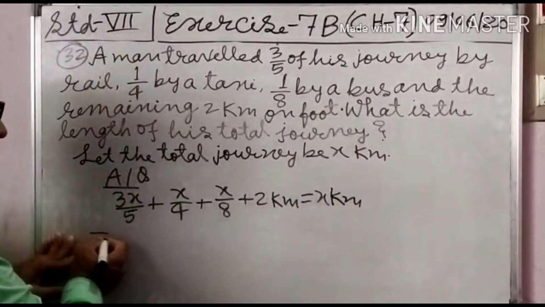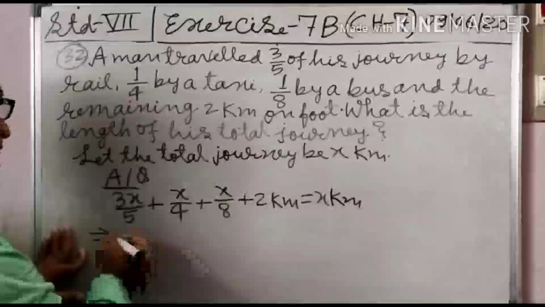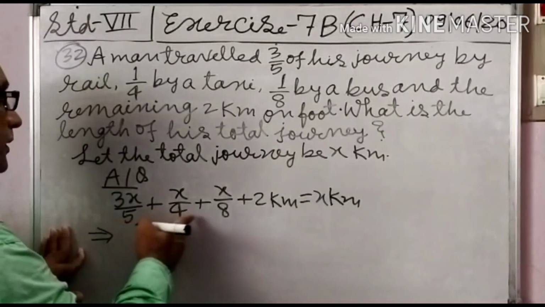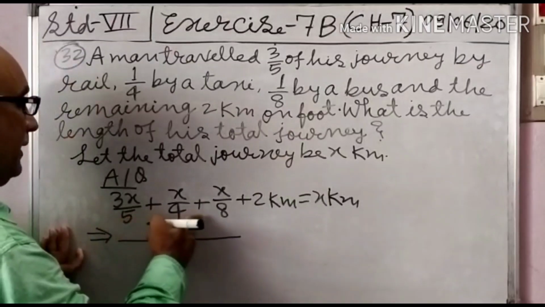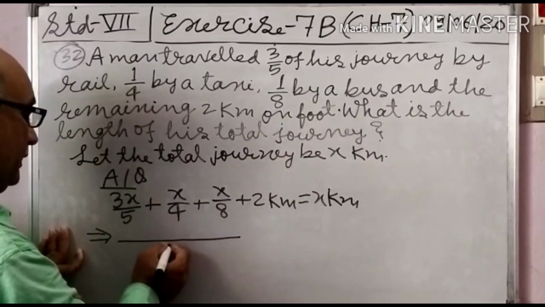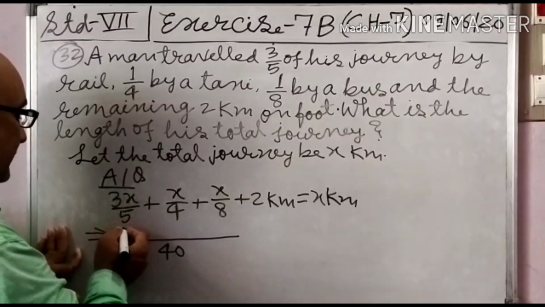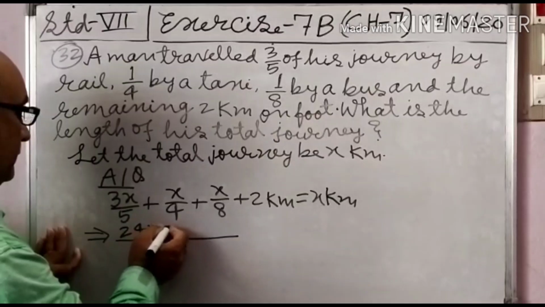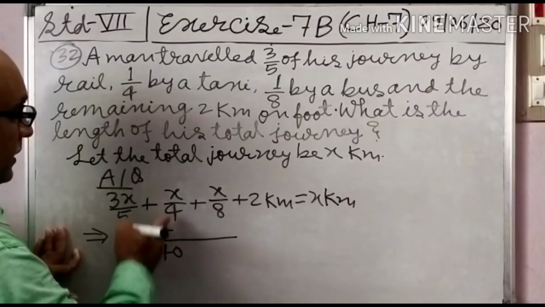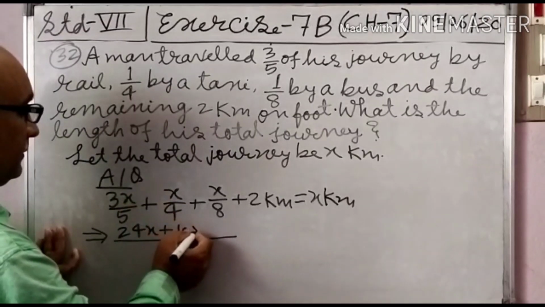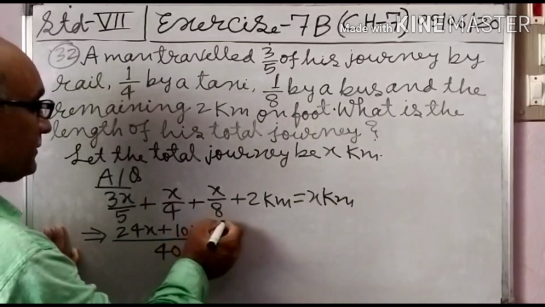Now solve it. Here take an LCM of 5, 4 and 8. LCM of 5, 4 and 8 is 40. 5 8s are 40, 8 3s are 24x. Plus 4 10s are 40, 10 into x, 10x. Plus 8 5s are 40, 5x.